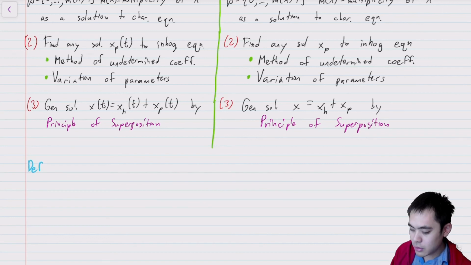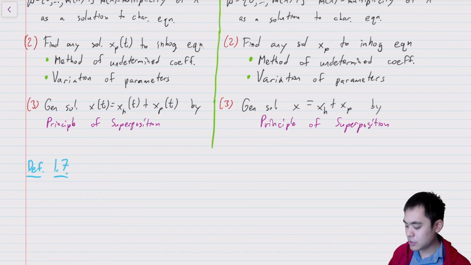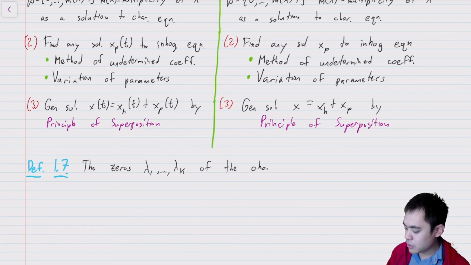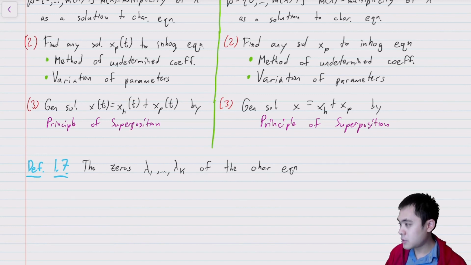If you look in Allen's textbook in definition 1.7, the zeros of the characteristic equation, let's call them lambda 1 through lambda k, of the characteristic equation, let's say that's a k lambda to the k plus dot dot dot a 1 lambda plus a naught is equal to 0.